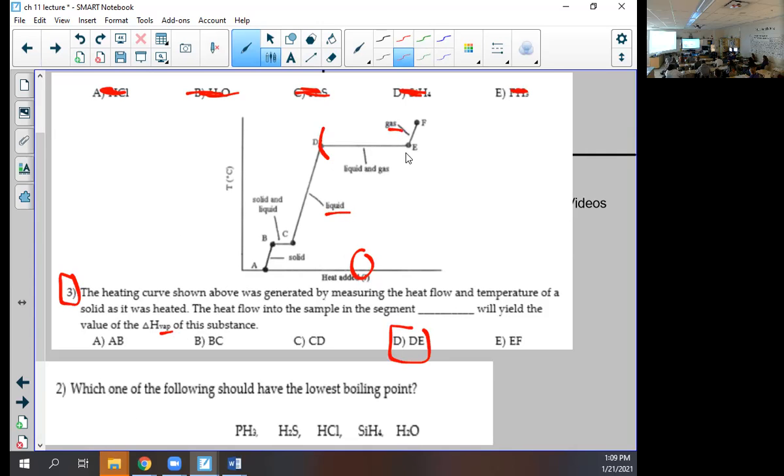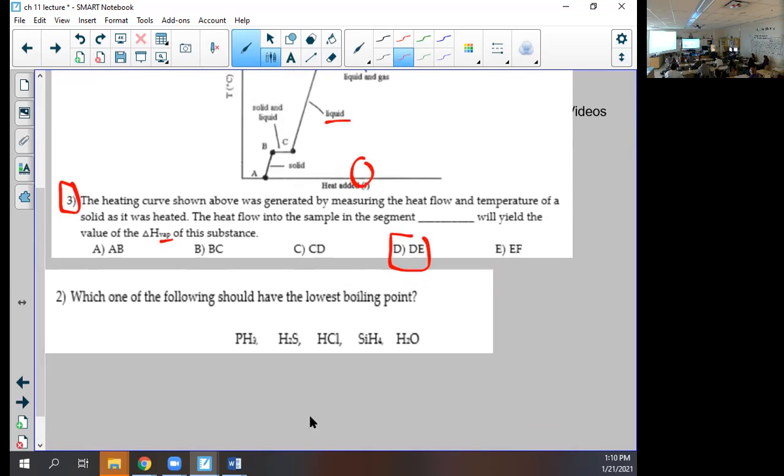So the energy here. Okay, which of the following has the lowest boiling point? HCl. That's your guess. That is not the right answer. It's not H2O. It's SiH4 if I remember, I'll have to look it up.